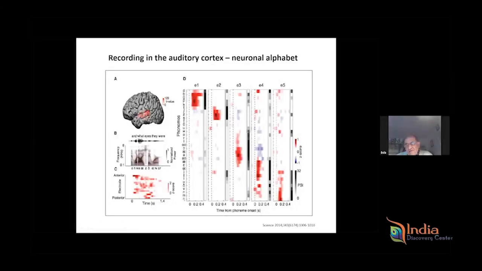And then we can see here the third and fourth electrode, under which the neurons activated. So this cluster has been built up to handle the incoming auditory information.